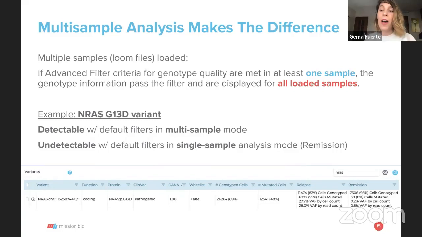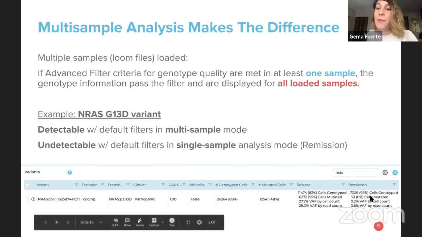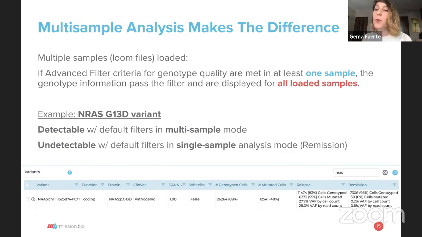Very good question. So actually, this applies to all the filters. So if instead of being 0% mutated, it happens to be in a sample with 25 genotype quality instead of 30, it will show up as well. So it will not get filtered out.